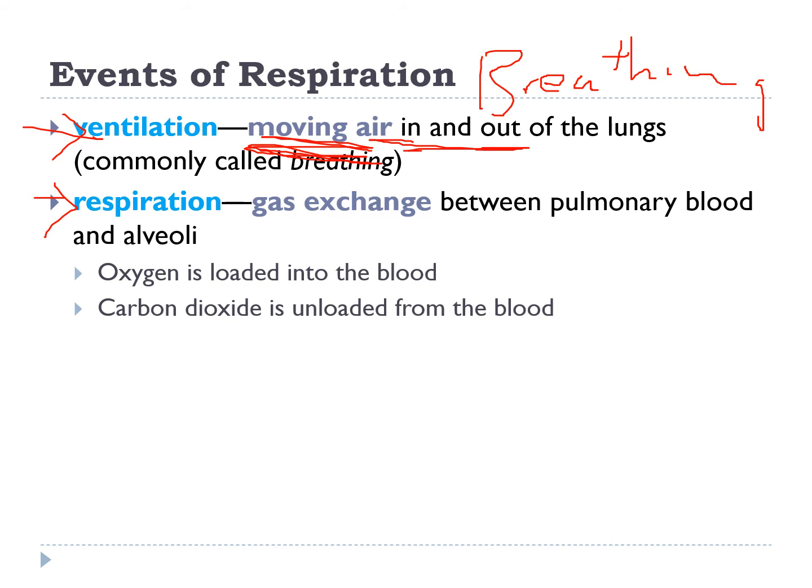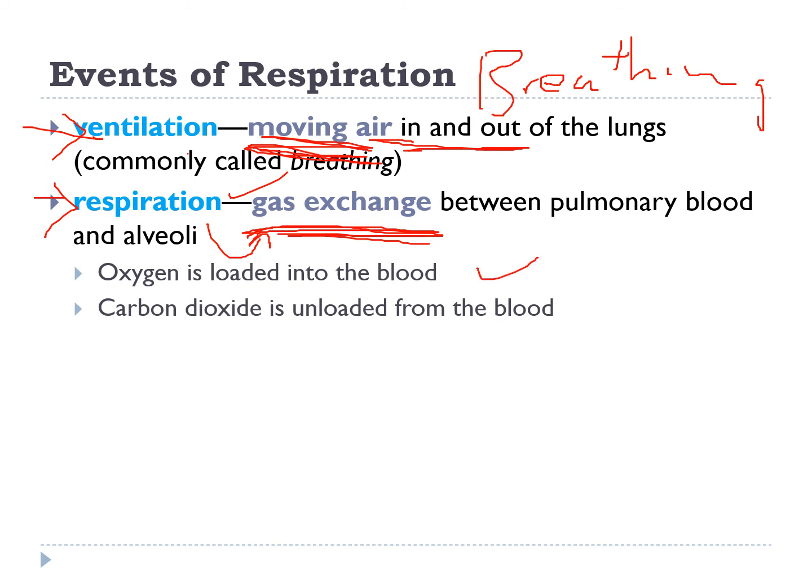But respiration, as a technical term, specifically refers to gas exchange. Ventilation on its own just refers to moving air, but the actual process of gas exchange is not included in that definition. That's the definition of respiration.